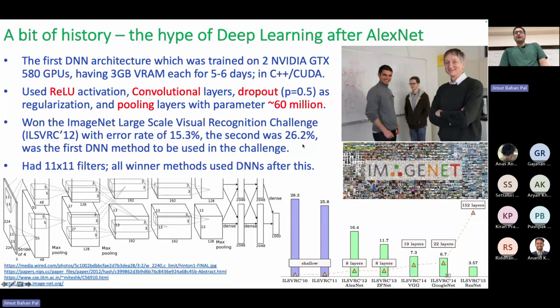Previous methods used some sort of feature detection or handcrafted features, using statistical models. This was the first model which won this challenge using deep learning architectures. One interesting fact about AlexNet is it had 11 by 11 filters, and all the winners after AlexNet in that same competition used deep learning based modeling.